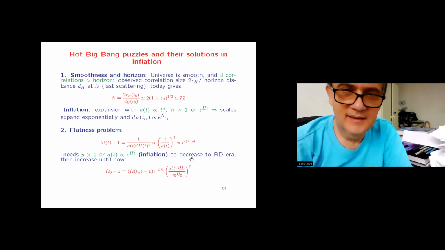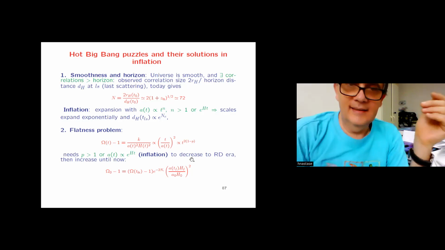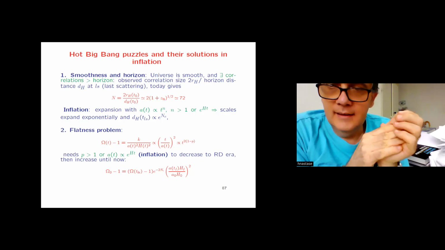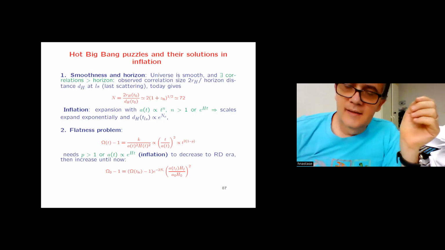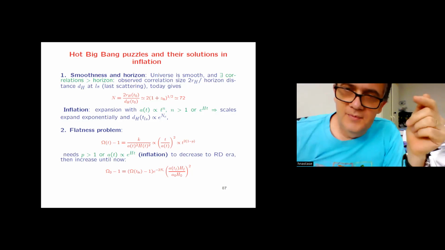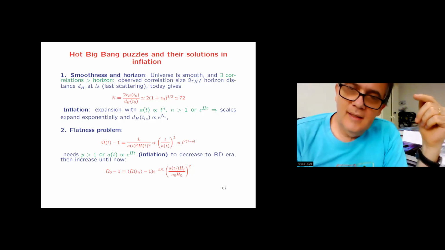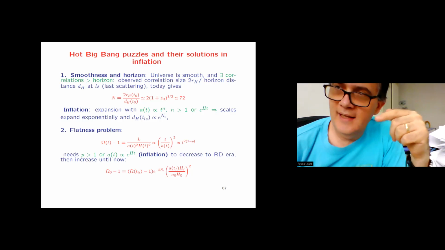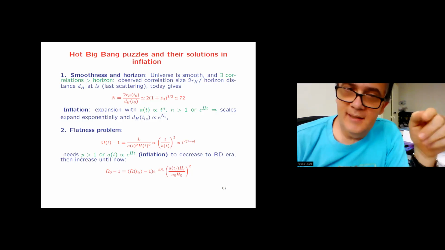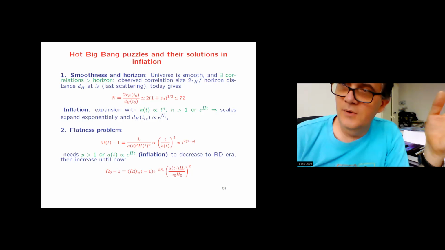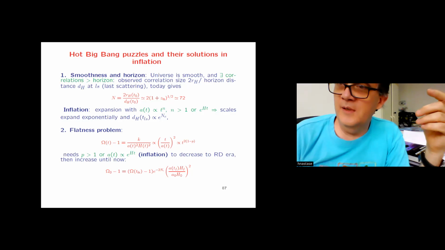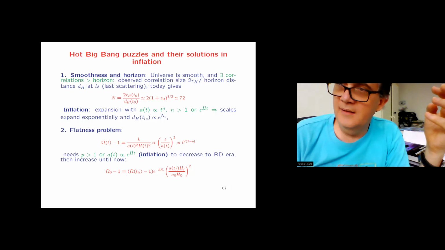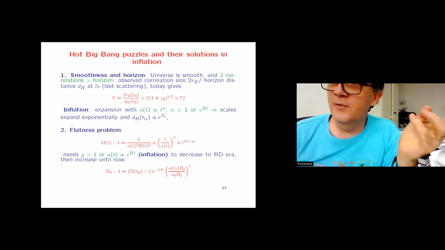So this means that if p or n is less than 1, omega minus 1 increases with time, right? So even if omega minus 1 was small at some point, it kept increasing.